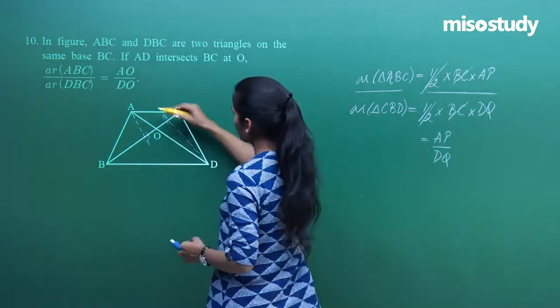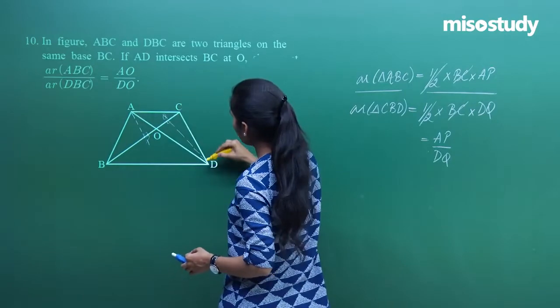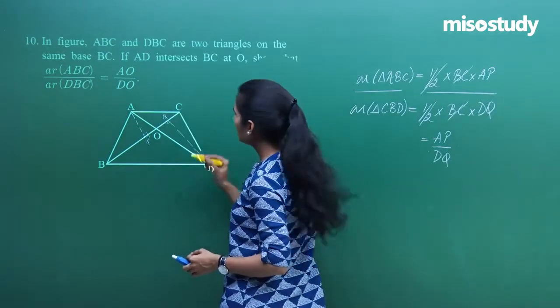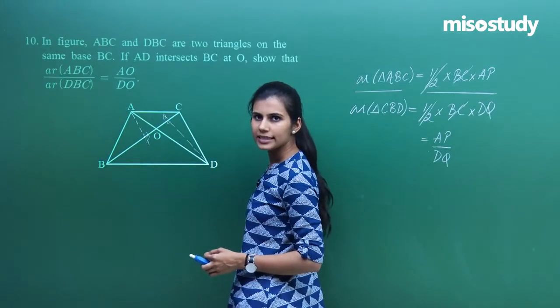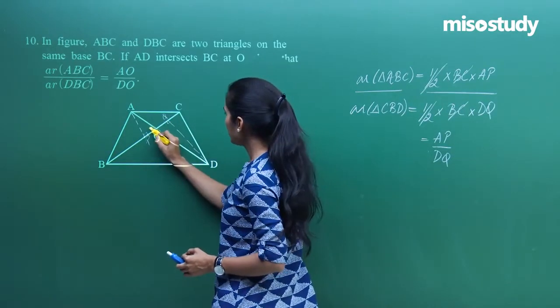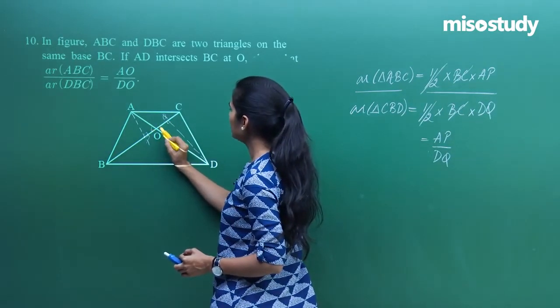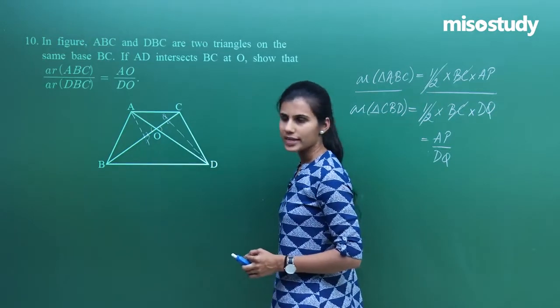Now focus upon the triangles APO and DQO. If you carefully see this angle and this angle, they are equal in these two triangles, each of 90 degrees, and this angle is also equal to this angle because they are vertically opposite angles.